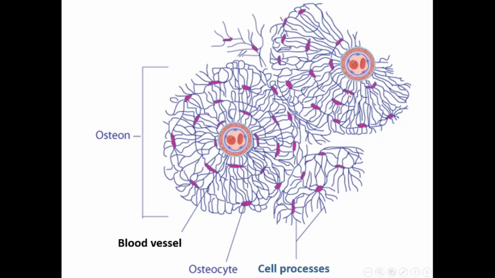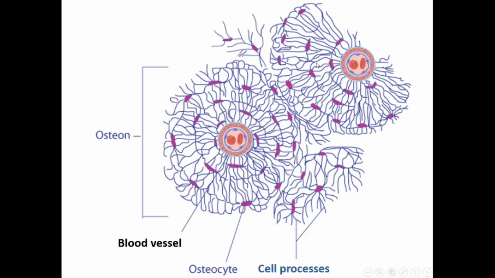So the osteocytes have gap junctions with the other osteocytes. They can transfer the material from cell to cell. So we can say we have a diffusion here, but cell to cell, not within the matrix.